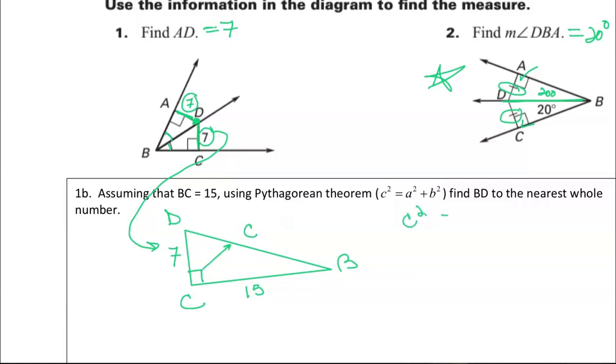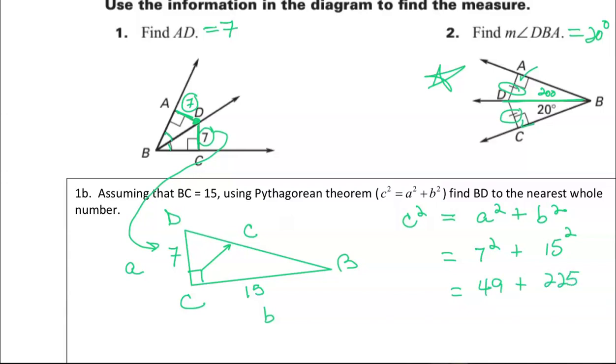So C squared equals A squared plus B squared, right? It doesn't really matter because you can interchange those, but let's make A the 7. 7 squared plus 15 squared. Okay, A squared is 49. B squared is 225.